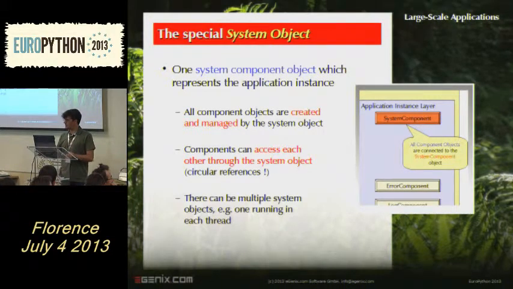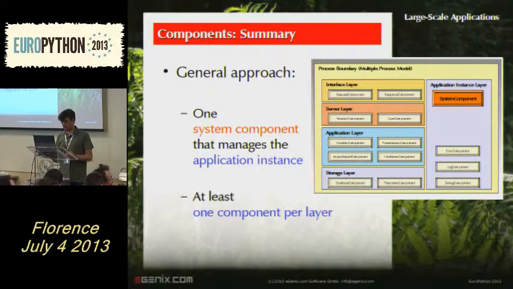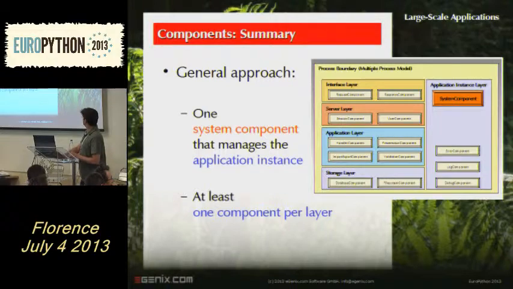And so if you want to access any part of the system, you can always go through the system object to access those. And even though that creates circular references sometimes, it makes things very easy. If you have a large application, you can very easily then maintain the loose coupling in your application. Right, so this is basically how applications look in that design.